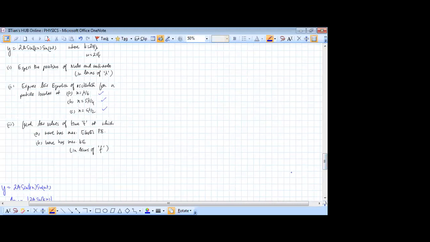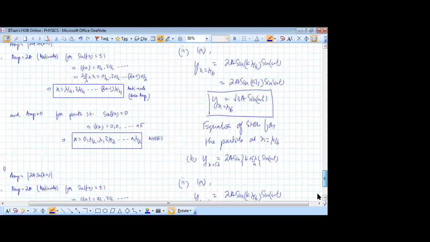Okay, now we want to find the time at which the wave has maximum potential energy and maximum kinetic energy. So third part.